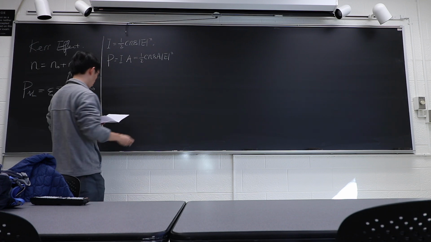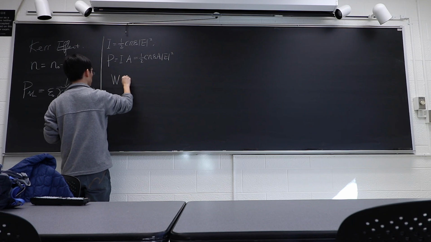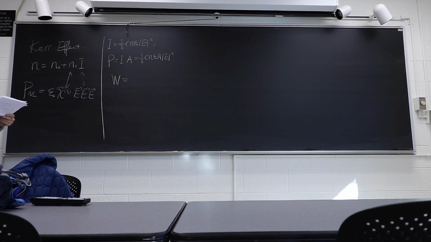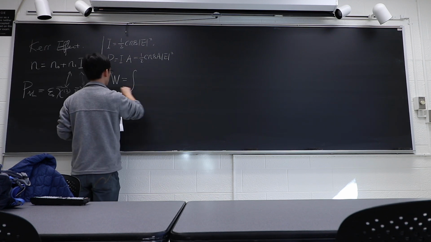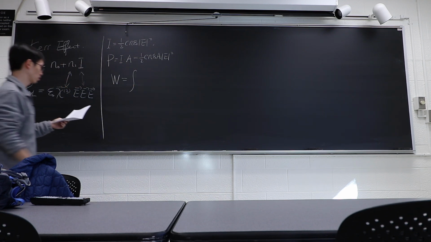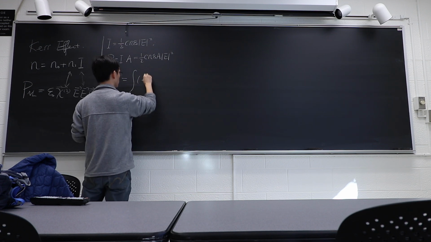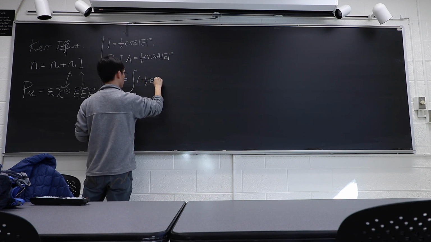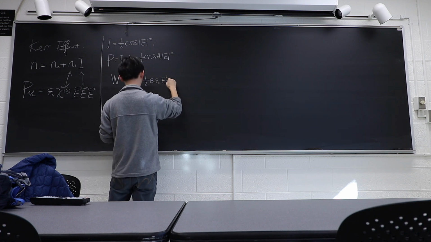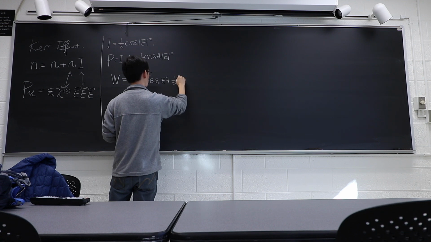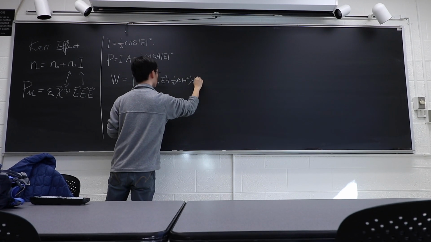Okay, so now let's derive this equation. We know that the energy of your EM field is the integration of the energy density. The energy density is E squared plus the magnetic term.